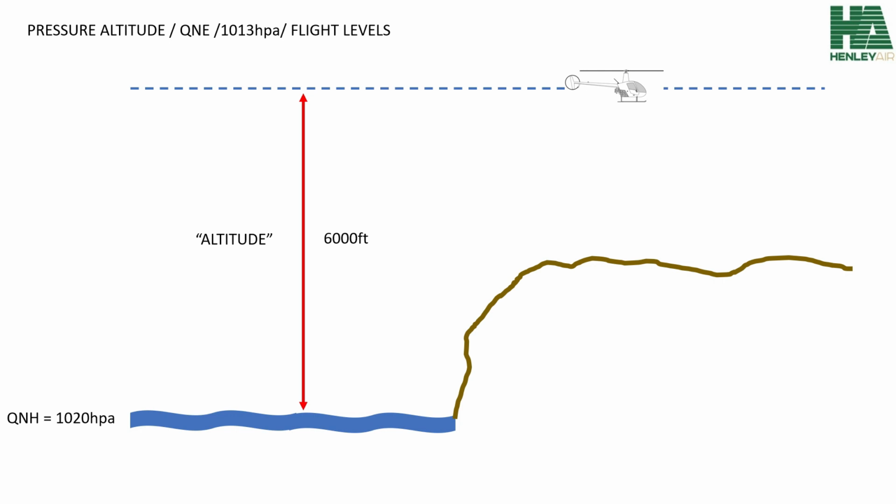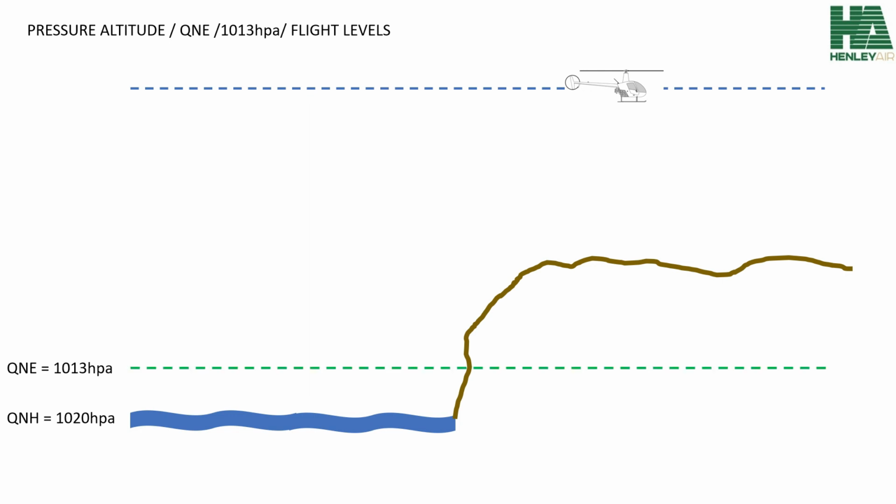Now in this case, if the QNH is 1020, that's the starting point of figuring out the pressure altitude and various other things. Now if we start talking about pressure altitude, you have to understand that pressure altitude is measured from 1013 hectopascal. It's also called QNE, and when we talk about flight levels, we are talking about pressure altitude being measured from 1013 hectopascal.